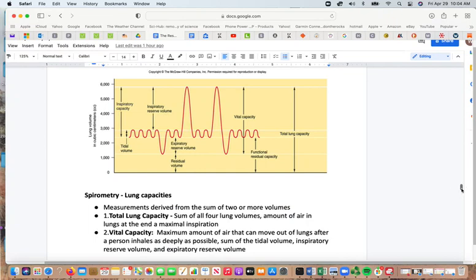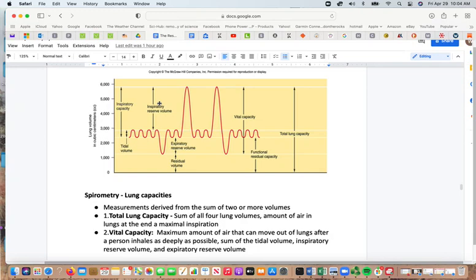So lung capacities are going to be the sum of two or more volumes. Total lung capacity is the sum of all four lung volumes. So it's your residual volume, expiratory reserve volume, tidal volume, and inspiratory reserve volume.